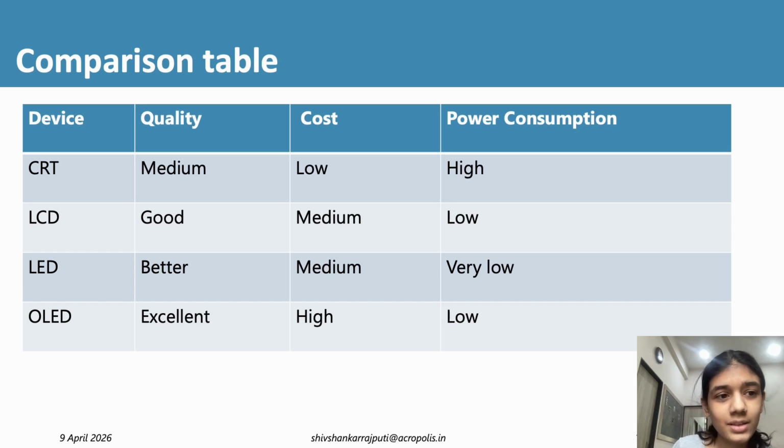You can see the comparison table regarding the quality, cost and power consumption. LCDs had medium cost, they consumed low power and were good in quality. Then LEDs were even better in quality with medium cost and very low power consumption. Then OLEDs are excellent in quality with high cost and low power consumption.